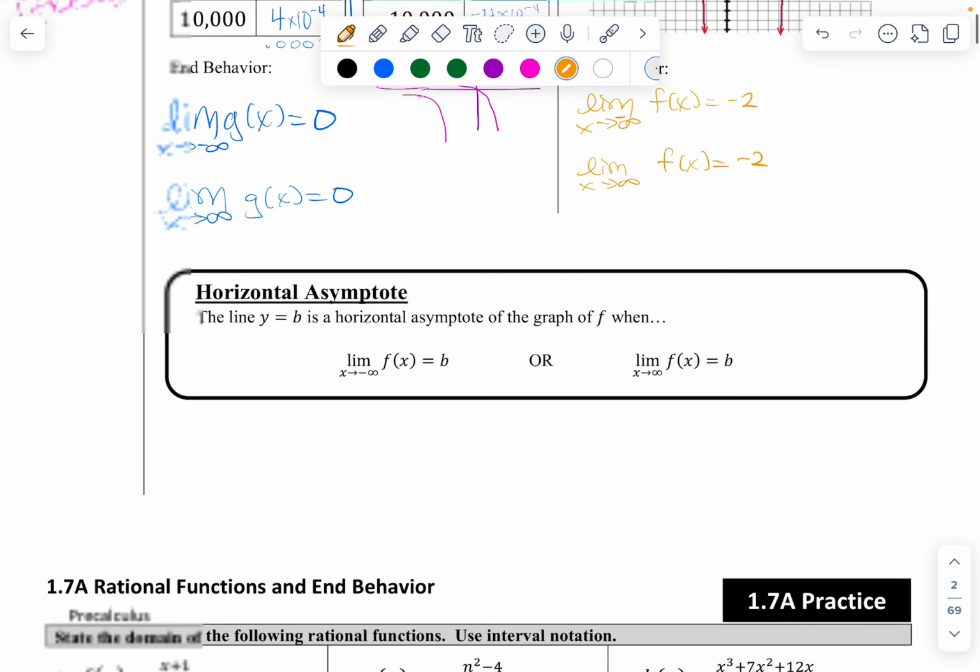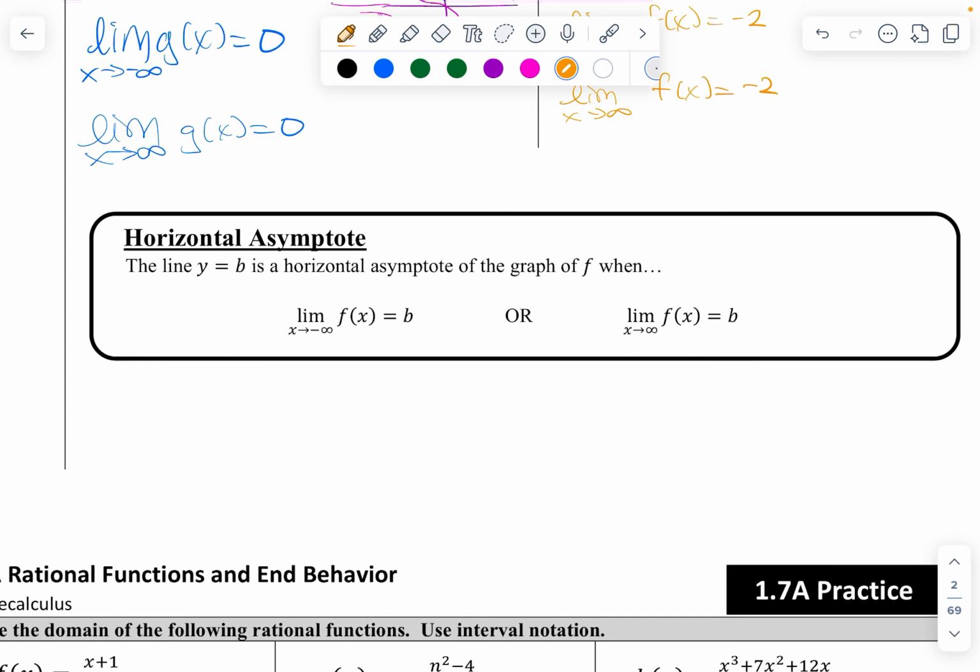And the last thing that we need to talk about, horizontal asymptote, so that's a boundary. If I were to say there's a horizontal asymptote, there's like this horizontal boundary here, we'll call that at y equals, let's say, some b value, because it's an unknown.